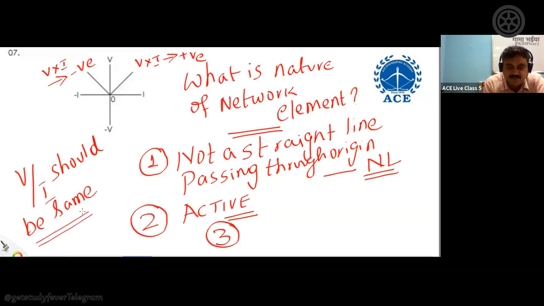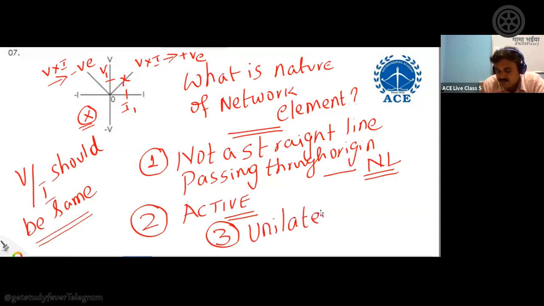That means suppose if you say some I1 and some V1. So this coordinate is located somewhere here. Okay, this is some value of V1, I1 coordinate. The image of that V1, I1 means what? It will be minus I1, minus V1. It will come somewhere here. But is this coordinate on the graph? It is not there. It is actually in first and second coordinate. That means this is a unilateral network element. That's all. Very simple method of identification.